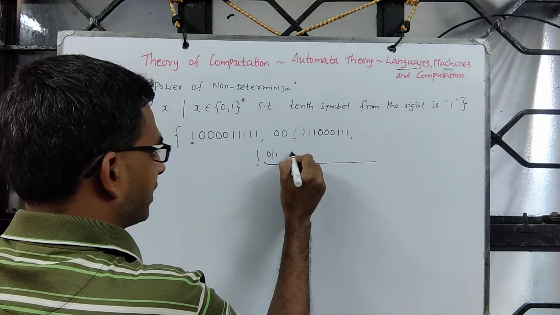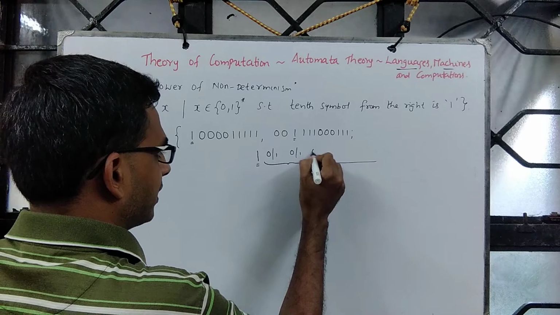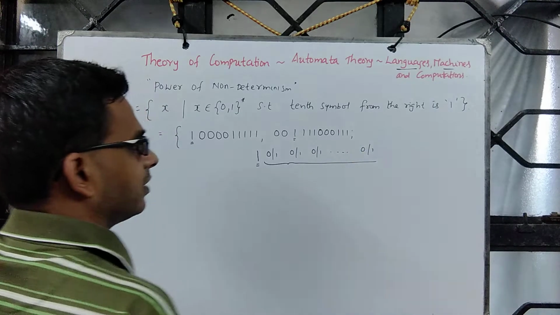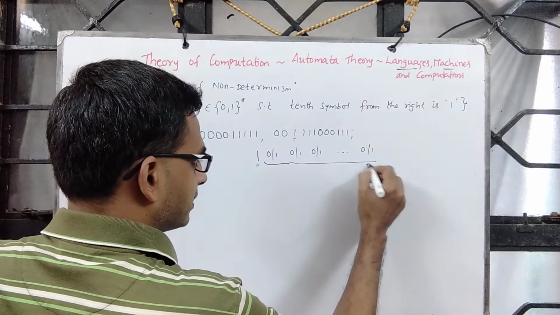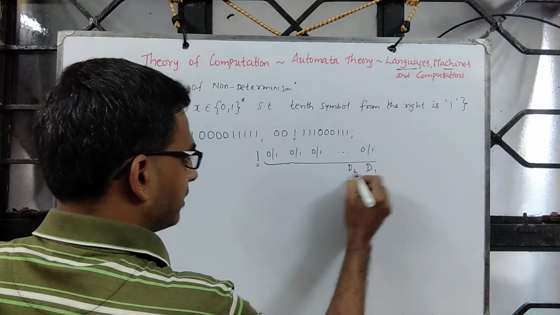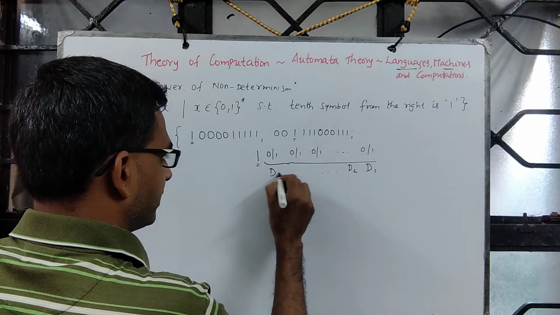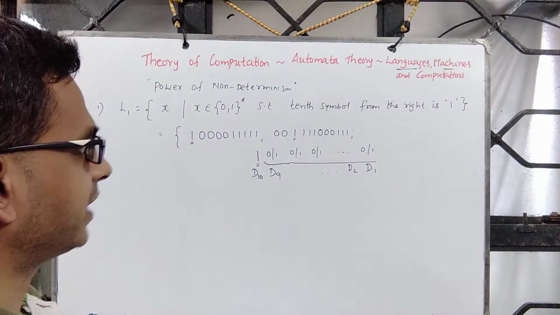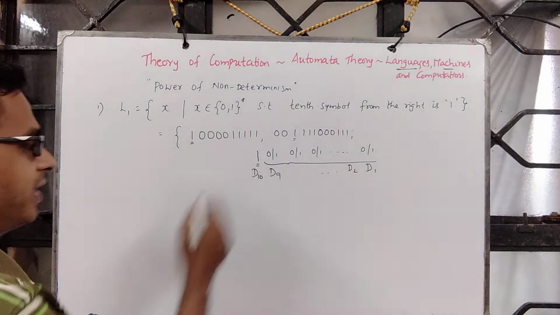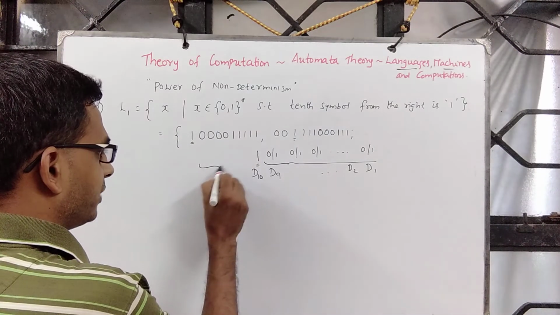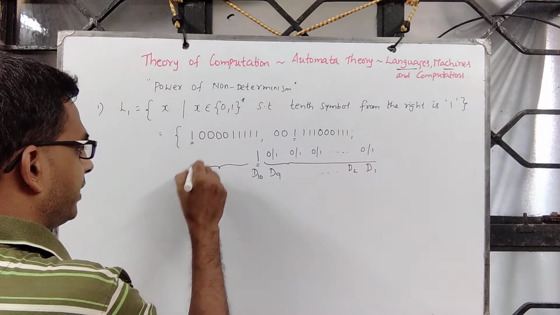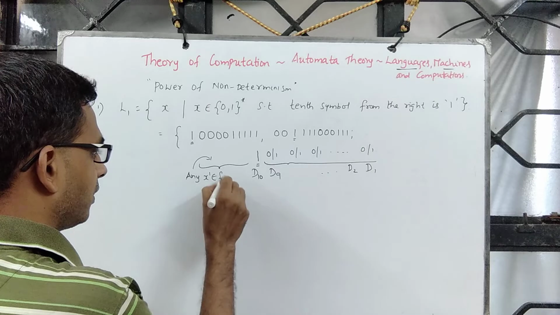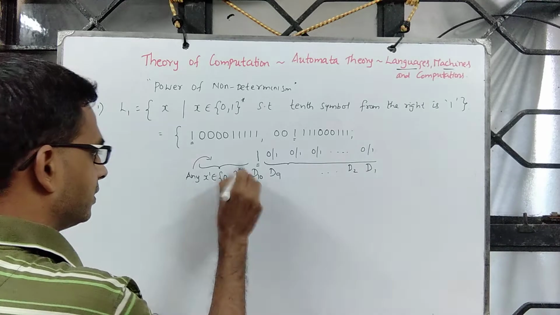This could be 0 or 1, this could be 0 or 1, this could be 0 or 1. So like that, this could be 0 or 1. Let me call this digit number 1, digit number 2, so on up to digit number 9, and digit number 10 from the right is 1, and to the left of this it could be any x prime over {0,1}*.